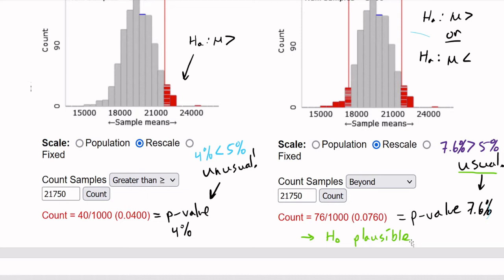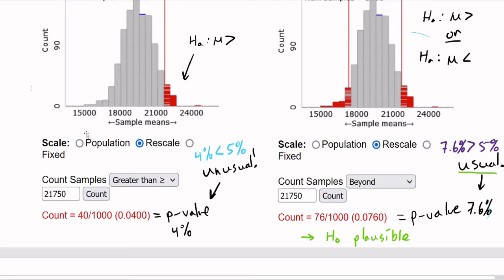At this point, I don't have any reason to believe it's not 19,000. So without any more sampling or anything like that, I'm just going to say, you know what, I spent enough time on this. I'll just put it up for 19,000 and see what happens.